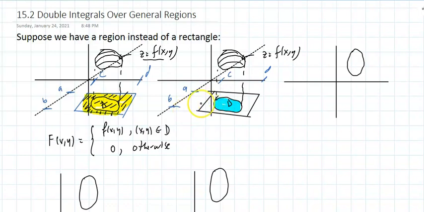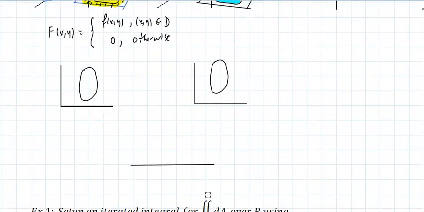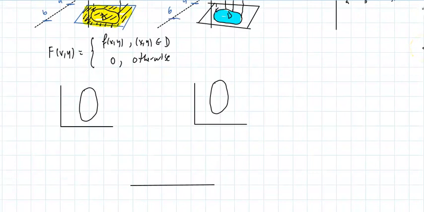Now if I take this D and I map it on the X and the Y, I'm looking just on the shadow on the ground. This is A, this is B, this is C, this is D. Now if I want to find the area of that region, I could do that two different ways.